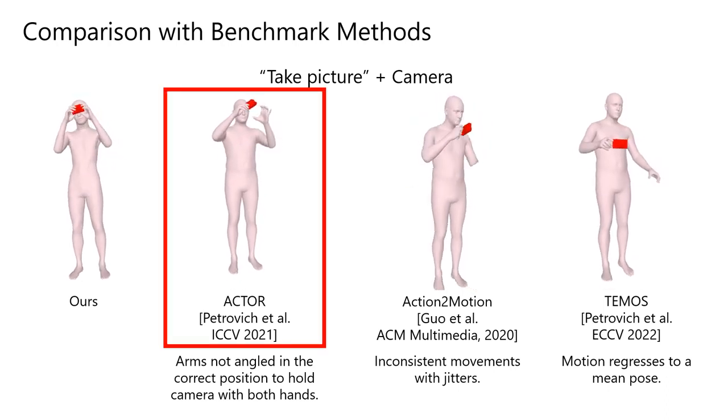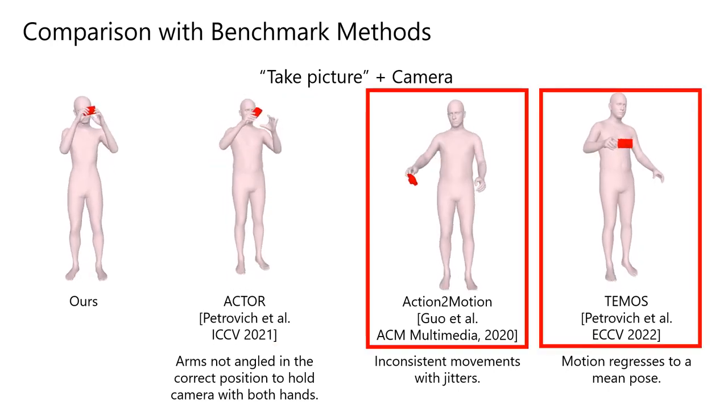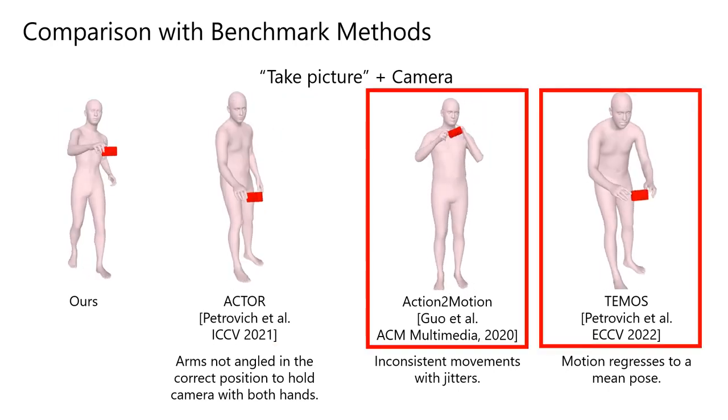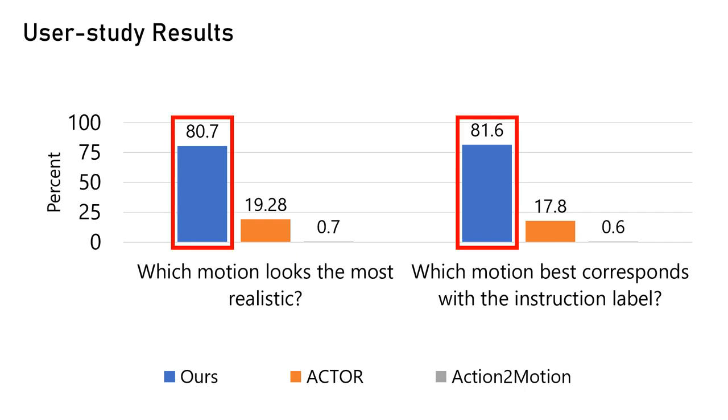For ACTOR, the arms are angled incorrectly, and for Action2Motion and TEMOS, we see incorrect poses. We also conducted a user study to evaluate our results against the two state-of-the-art methods. Out of 30 randomly selected samples, the users chose our method in more than 80% of the cases.